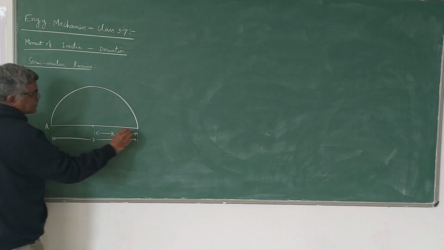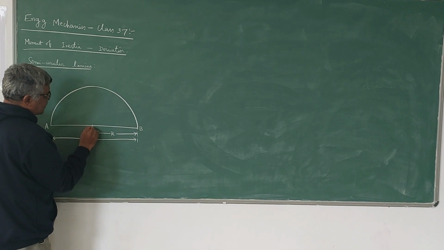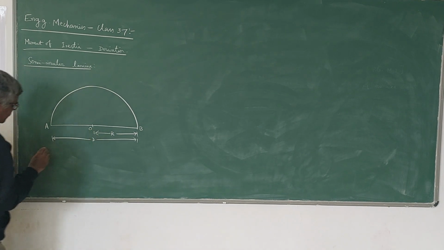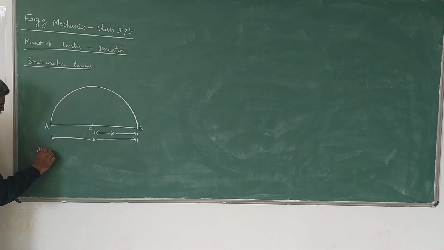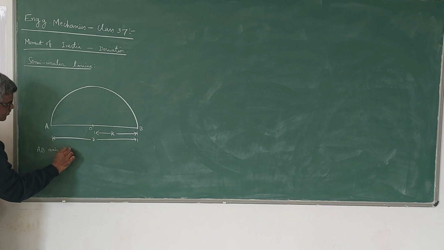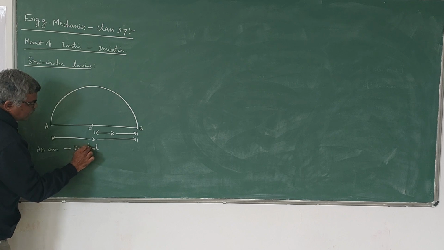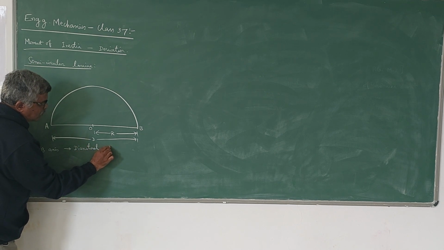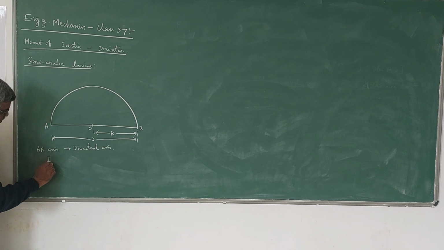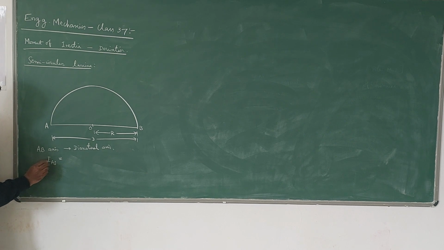I will take this axis as AB. This is O. This AB axis is called the diametral axis. Now we are finding the moment of inertia of this semicircular lamina about the diametral axis.